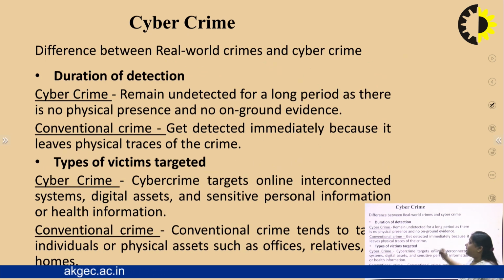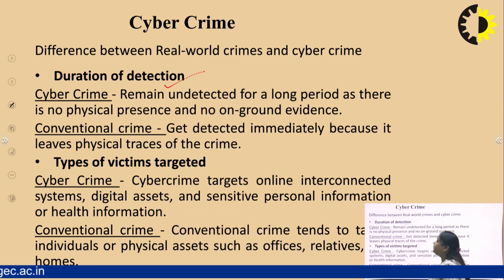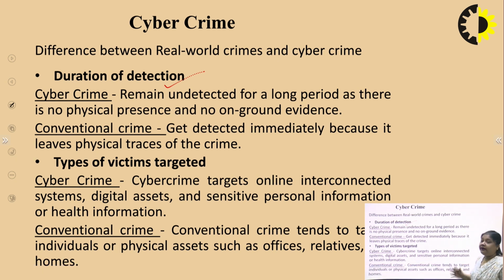Now the next one is the duration of detection. When we talk about cyber crime, it remains undetected for a long period, because there is no physical presence. If someone is using some application, and that part has been affected by the cyber crime, he or she may not know for a long time that there is some problem in this application.